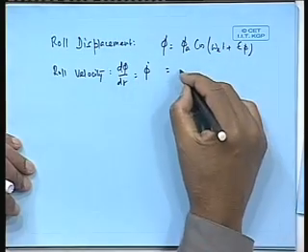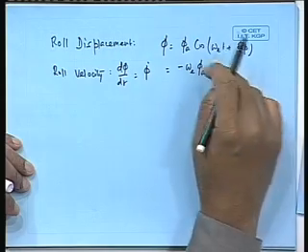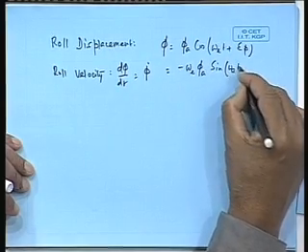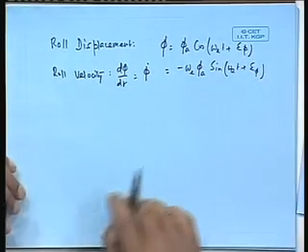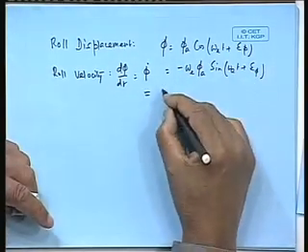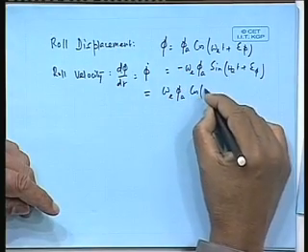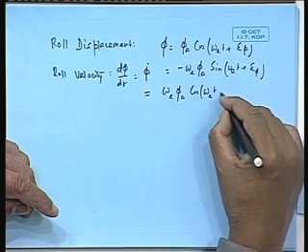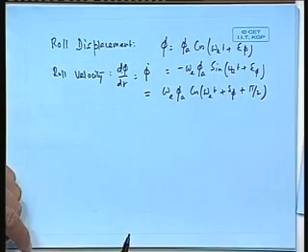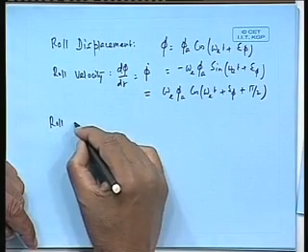If you do that, what you get is minus omega e phi a into sin(omega e t plus epsilon phi), and this can be written as omega e phi a into cos(omega e t plus epsilon phi plus pi by 2). Roll acceleration.